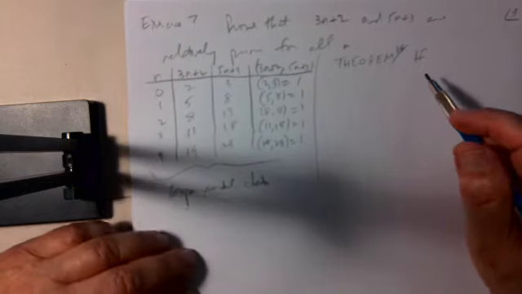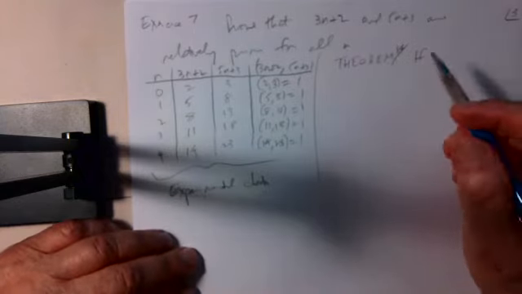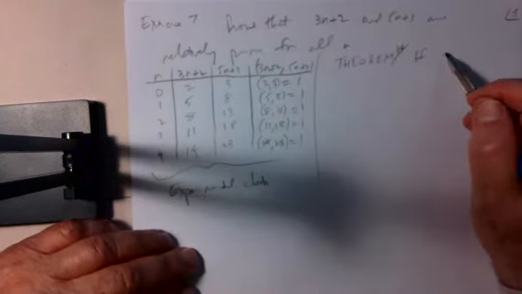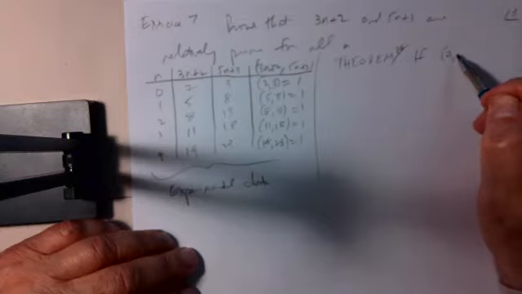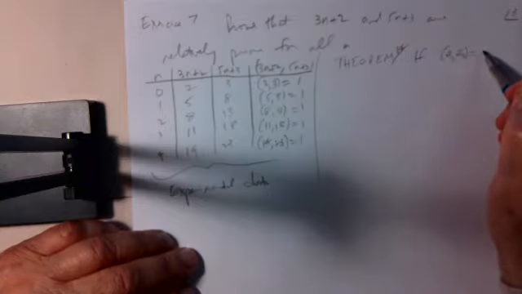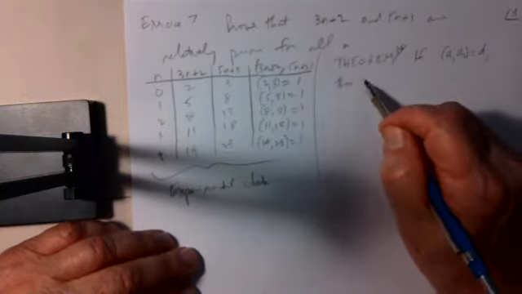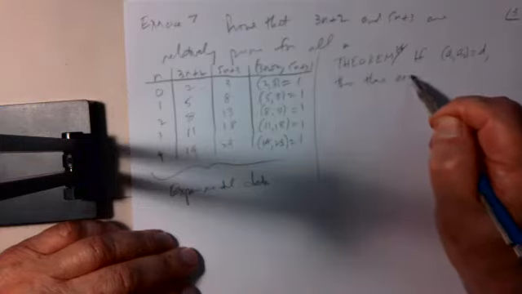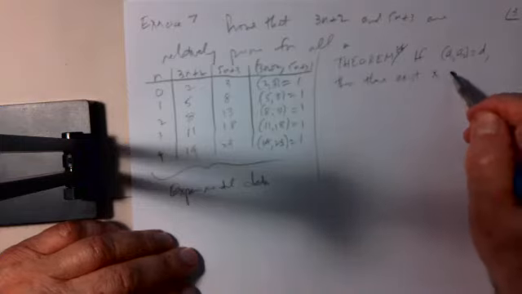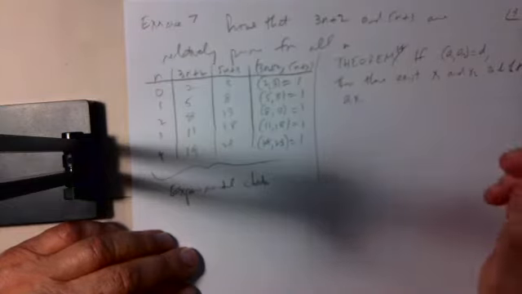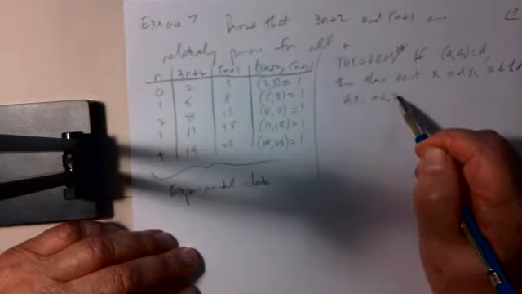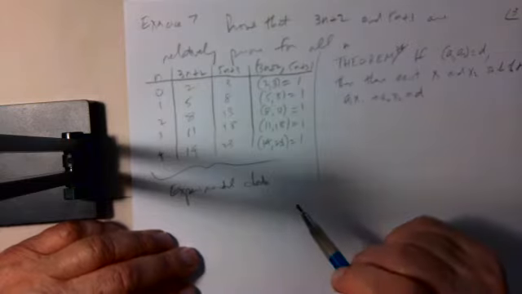If you take any set of integers, and here I'm just taking 2 integers, if the greatest common divisor of a1 and a2 is equal to d, then there exist integers x1 and x2 such that a1x1 plus a2x2 is equal to d.